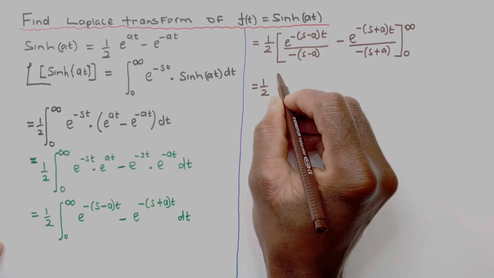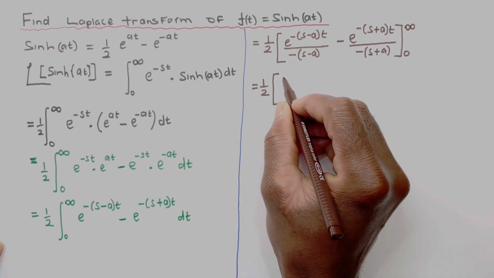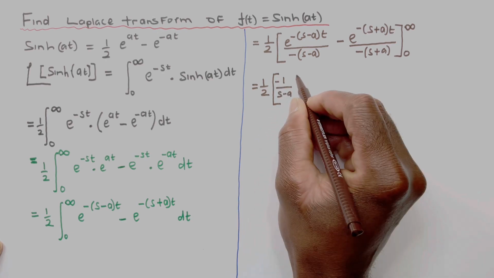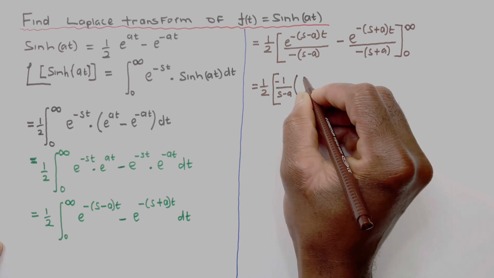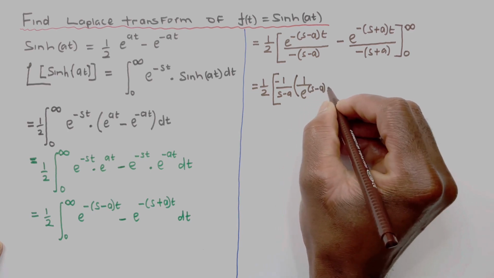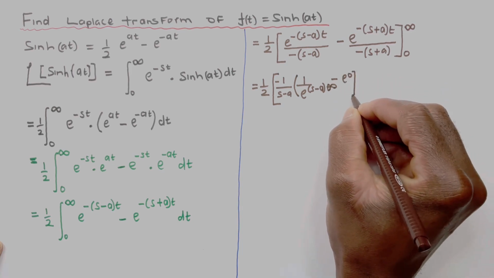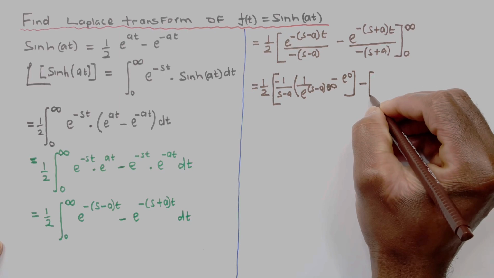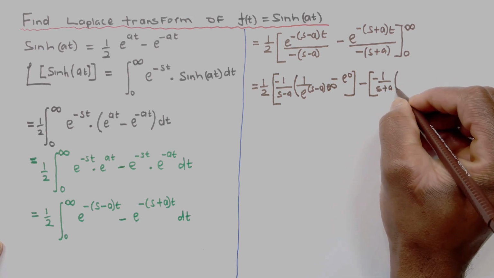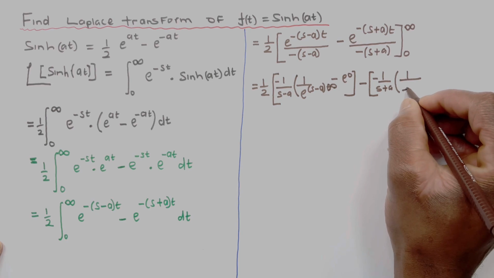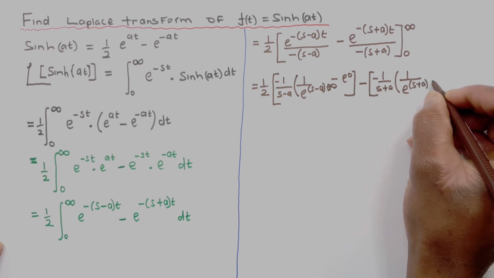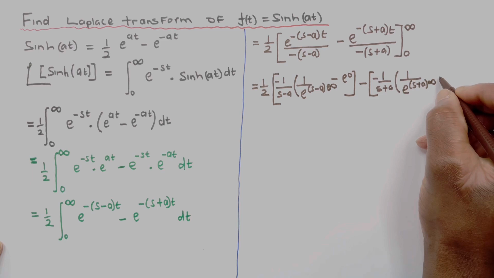Now we need to write a half, bring the denominator out because it's a constant, so minus 1 over s minus a, 1 over e to power s minus a infinity minus e to power 0, minus, again, minus 1 over s plus a, open bracket, 1 over e to power s plus a infinity minus e to power 0.